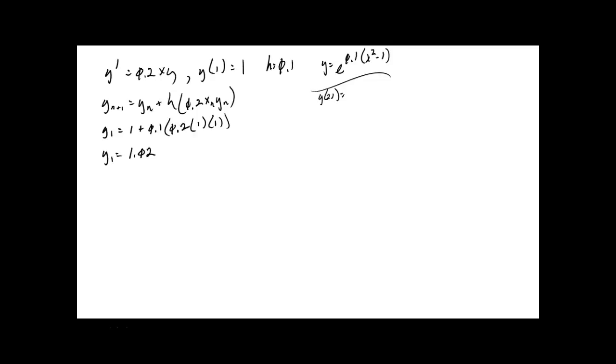Multiply that, and the only reason I do that is I don't trust my telephone to do it right, times 0.1. I'll do an equal there too, and then do the e of that number.